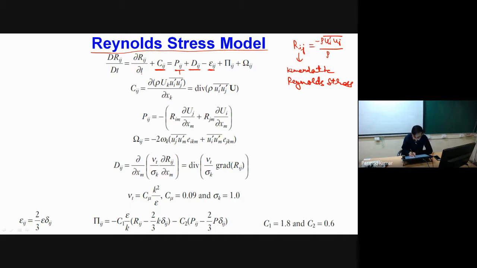This is the dissipation of the Reynolds stress. This term pi ij results in production of the Reynolds stress due to the normal turbulent stresses, and this omega ij is called the production of the turbulent stress due to rotational turbulent strains. Okay, so this is one very, very important equation.